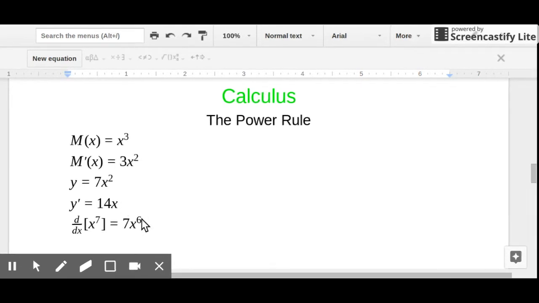See that? Once again, we take this power, bring it out front. Now the coefficient is 7, and we subtract 1 from the power, which now becomes 6. How simple is that, right?